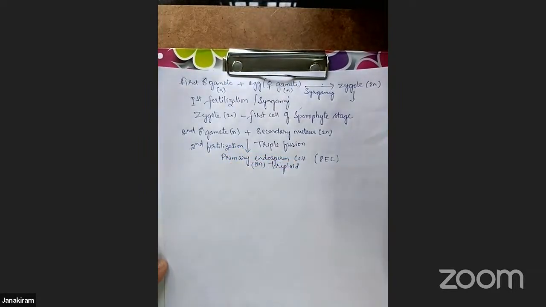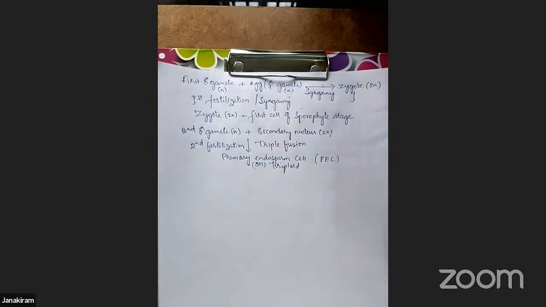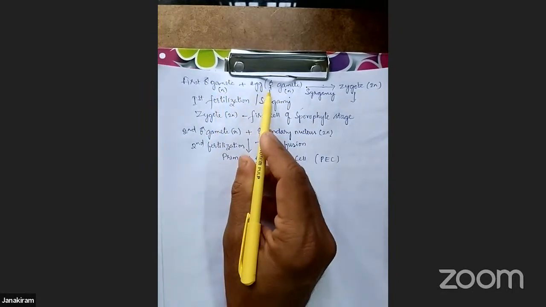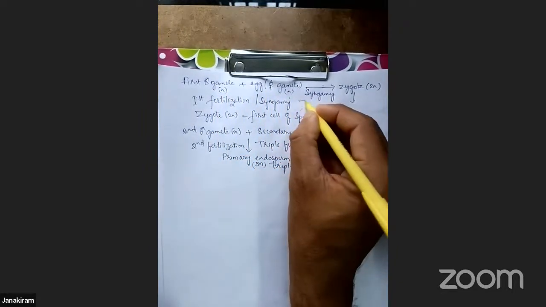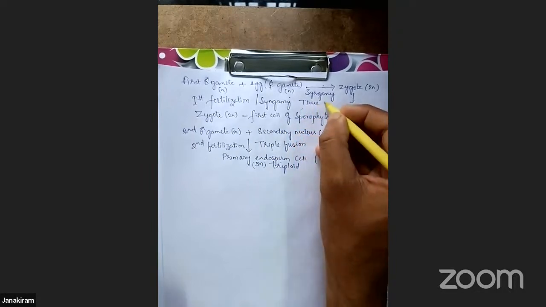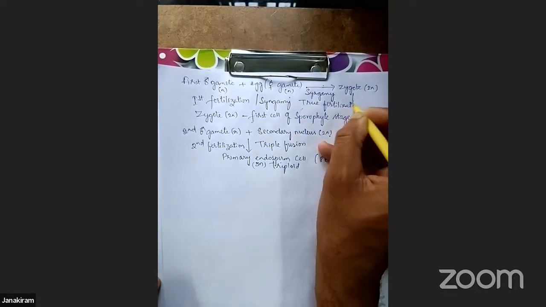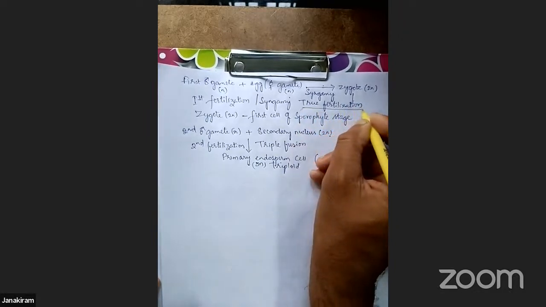Here, 2 times of fertilization are taking place. But the difference is, in the first fertilization, both male and female gametes are participating, so we consider this a true fertilization process.